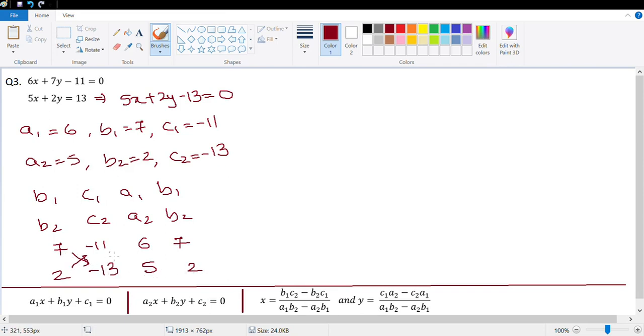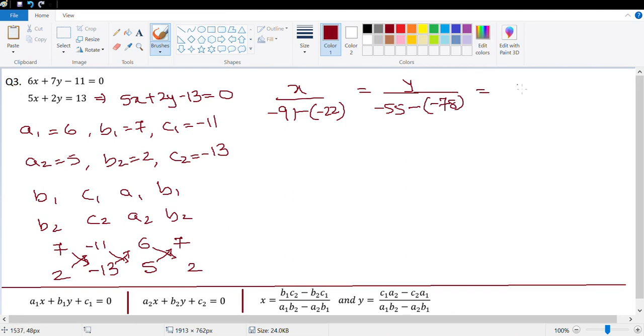Cross multiply, and what we get is x upon 7 into negative 13, that's negative 91, minus negative 11 into 2, that's negative 22. So that's negative 22 is equal to y upon negative 11 into 5, that's negative 55, minus negative 13 into 6, that's negative 78, is equal to 1 upon 6 into 2, 12, minus 5 into 7, 35.